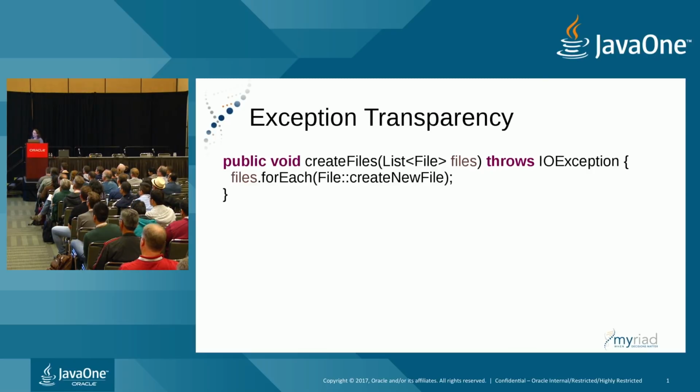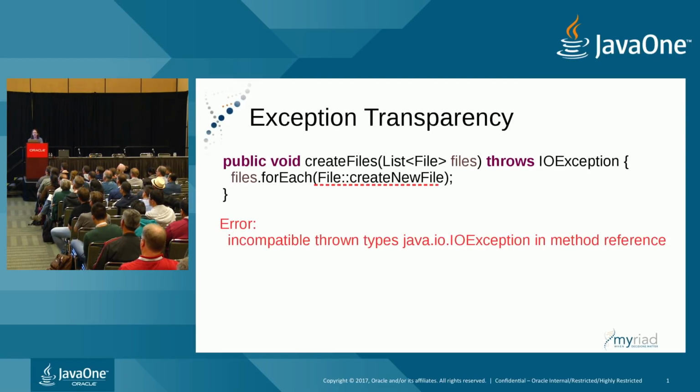So that's fine. That's great. But unfortunately, if you write it in your IDE, you'll get a red squiggly, and if you try to compile it, you're going to get an error because we're saying we'd like to throw an I/O exception, but it's incompatible with the lambda, the functional interface that we're trying to convert it to.